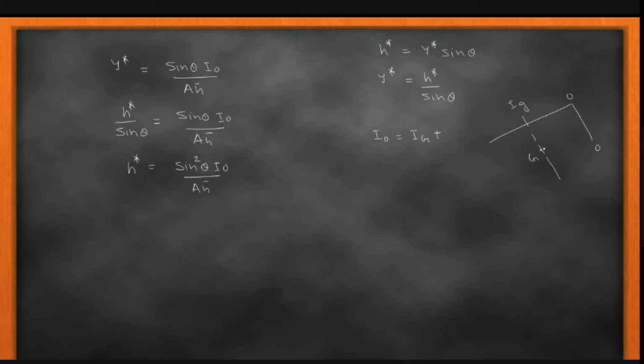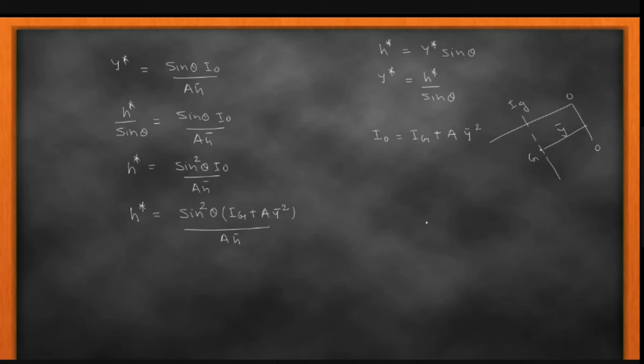The distance between them is Y cut. So we need to multiply it over here, that is A into Y cut to the power 2. So now I put down the value of I naught in this expression. So we get H star equals sine square theta into IG plus A Y cut to the power 2 divided by A H cut.